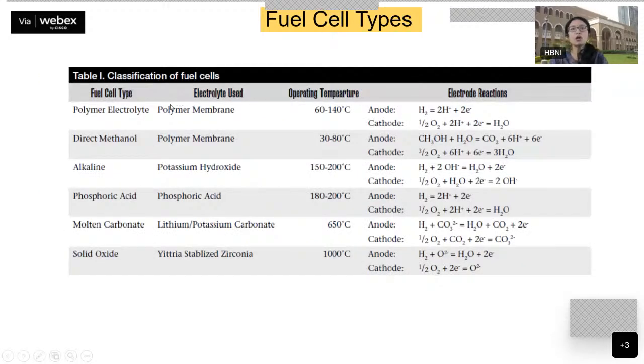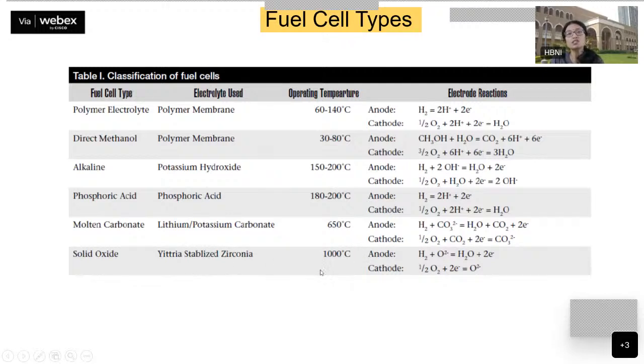So if you look into the classification of fuel cells, suppose we take a polymer electrolyte fuel cell. Here the electrolyte is a polymer membrane. The operating temperature you see is from 60 to 140 degrees. The anode is hydrogen, the cathode is oxygen, and the electrode reactions are also shown. Similarly, if I take a solid oxide fuel cell, that is SOFC, the electrolyte uses yttria stabilized zirconium.